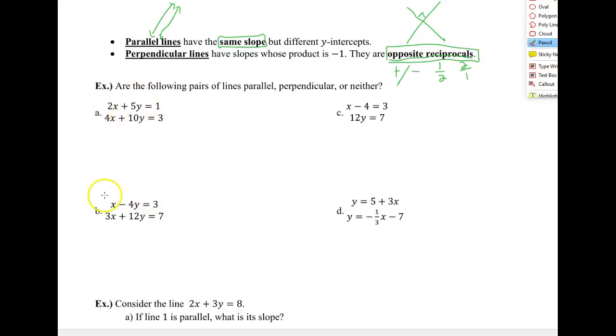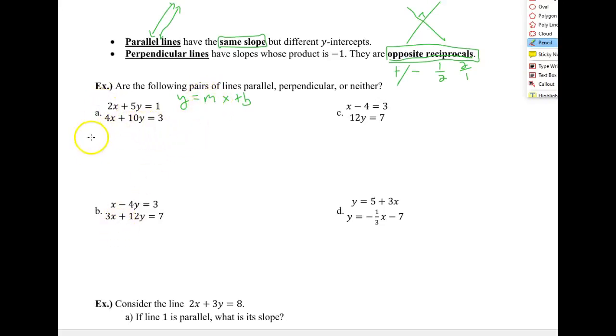In this example A here, we can't look at this currently and know what the slope is. So we have to take each equation separately and solve for y to get it into slope-intercept form, y equals mx plus b. Once we know that information, we can pull out the slope of each one and then compare.